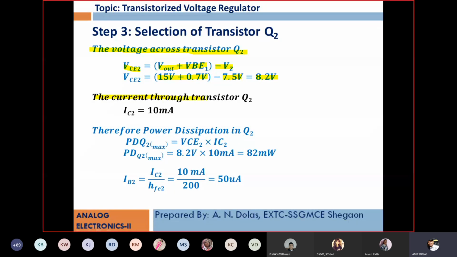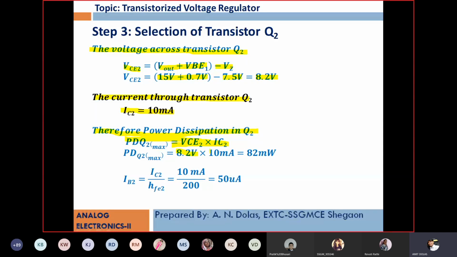The current through Q2: we already chose that the Zener current is half from the transistor and half from RD, and the Zener current is 20 milliampere, so IC2 is 10 milliampere. Therefore, power dissipation in Q2 is VCE2 into IC2.